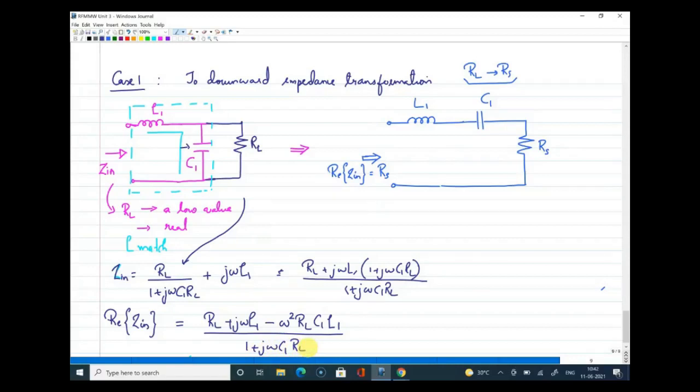This is what I have. Now I'll multiply with the conjugate of the denominator, so it is 1 minus j omega C1 RL divided by 1 minus j omega C1 RL.